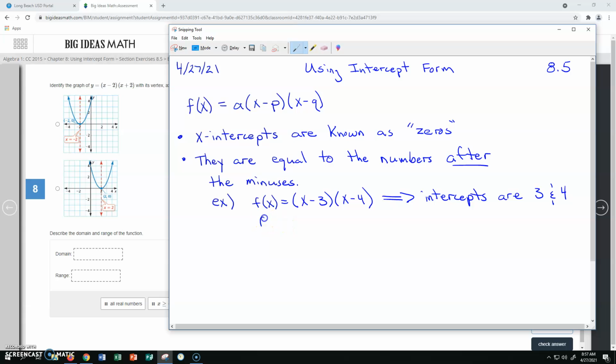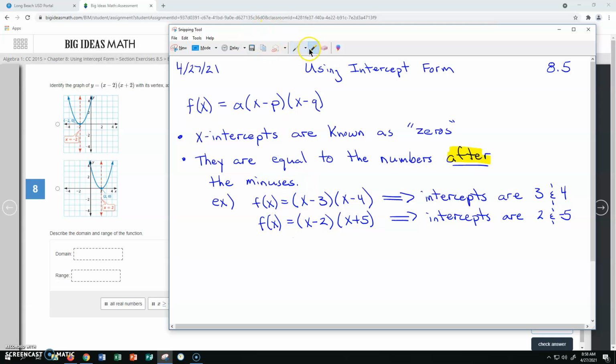Okay? But if you have something like this, let's say x minus 2, but x plus 5, the intercepts are 2 and negative 5. So remember, it's the number after the negative.